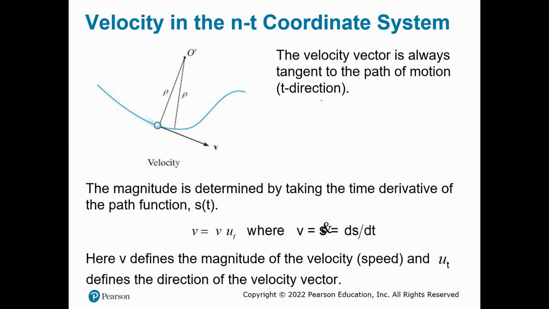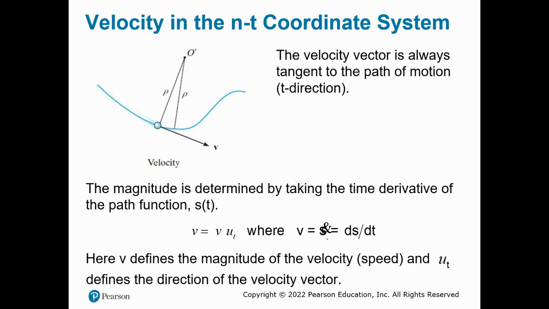Okay, the velocity vector is always tangent to the path of the motion. That's what we define as the t direction. So in other words, the tangent direction, the t direction, will be at that specific moment tangent to the curve, tangent to the path. And then the magnitude is defined by taking the time derivative of the path. So v equals v ut.